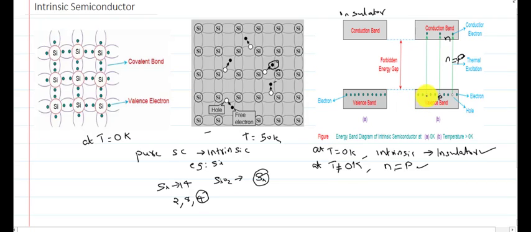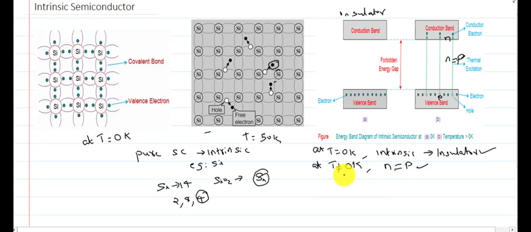So the semiconductor is getting some energy, and the electrons are exciting from the valence band to the conduction band, and the electron-hole pair values will be the same. Electron concentration will be the same. So these are the energy band diagrams at two different temperatures, that is, T equal to 0 Kelvin and T equal to 50 Kelvin.